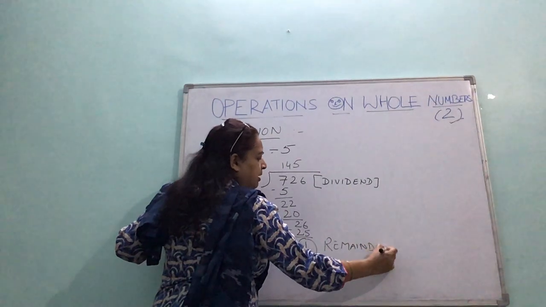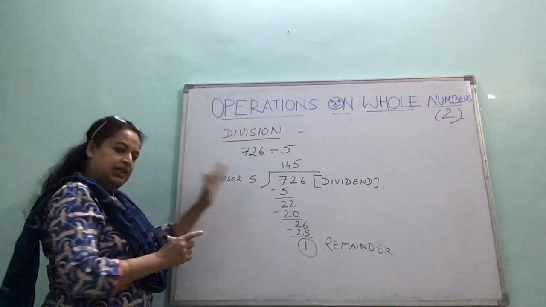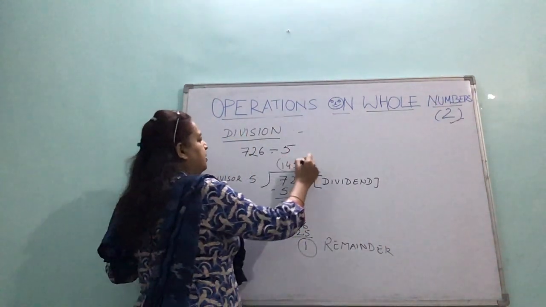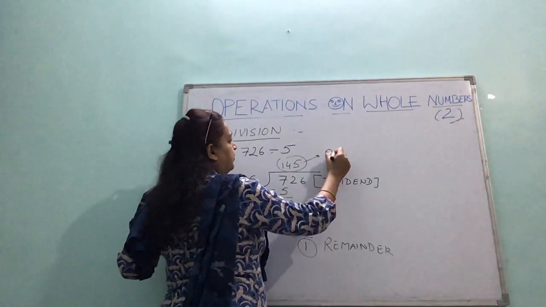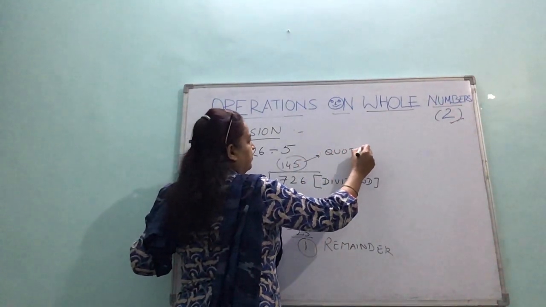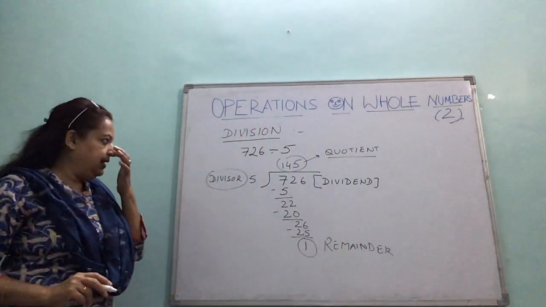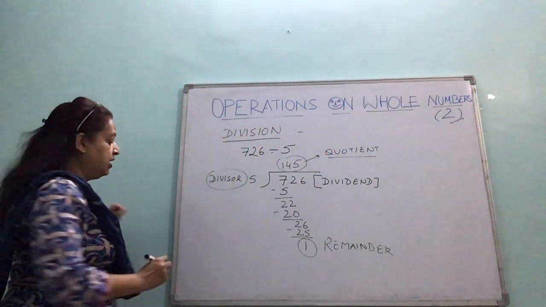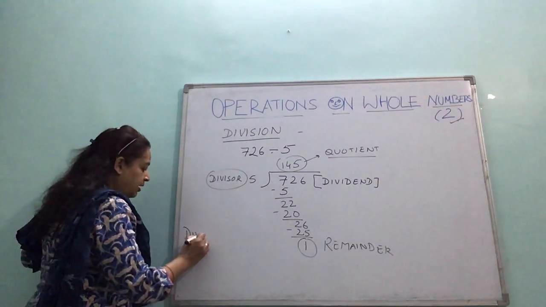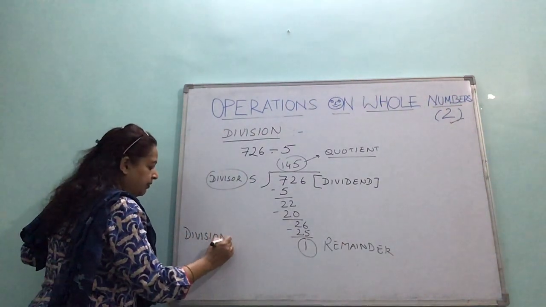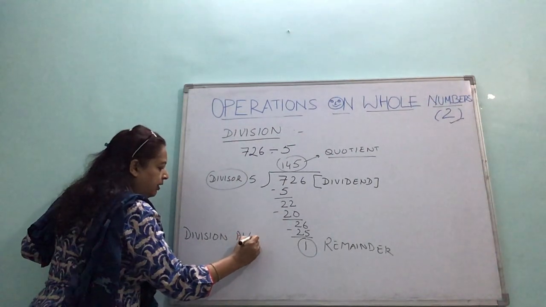In the previous chapter also we have done questions based on this. I am just revising it. And this is known as the quotient. So what is the division algorithm?